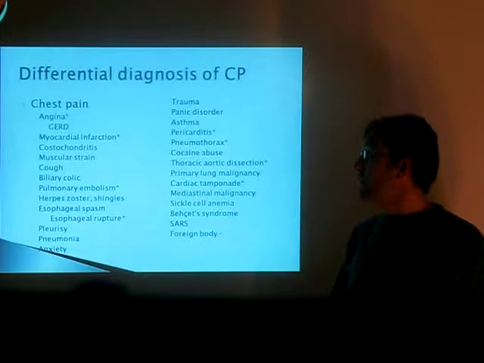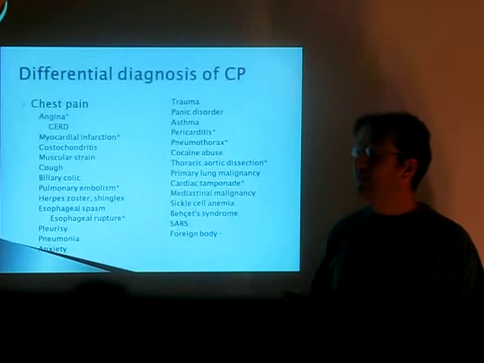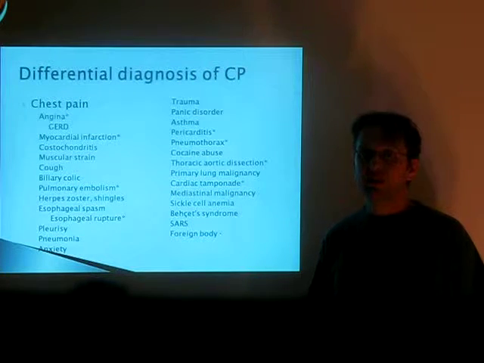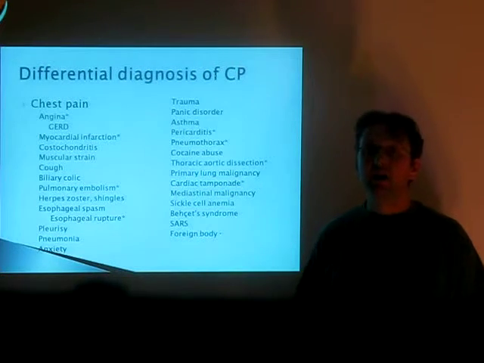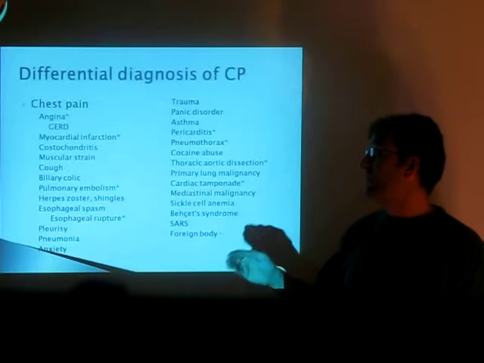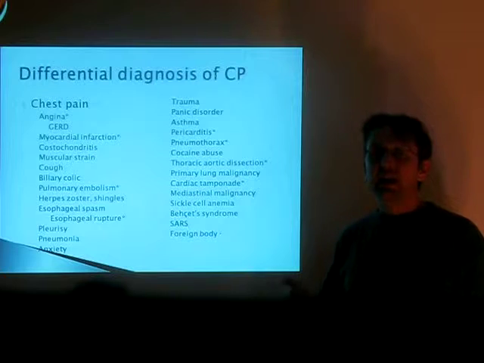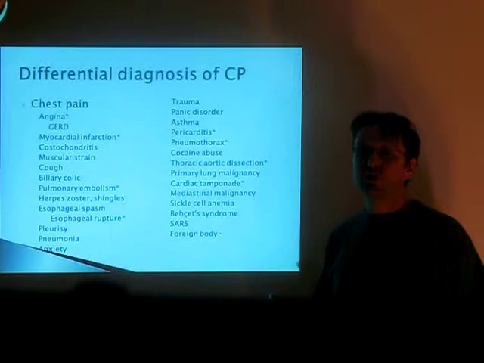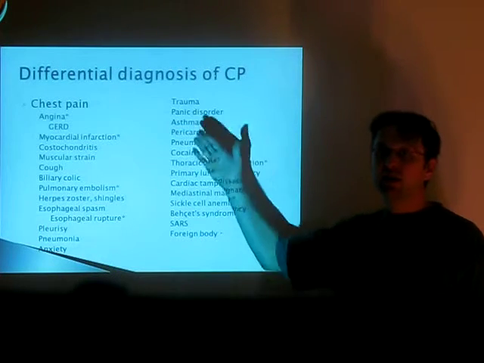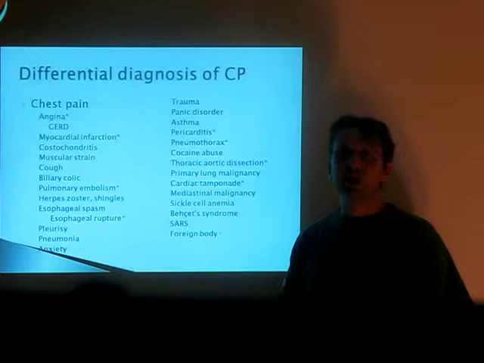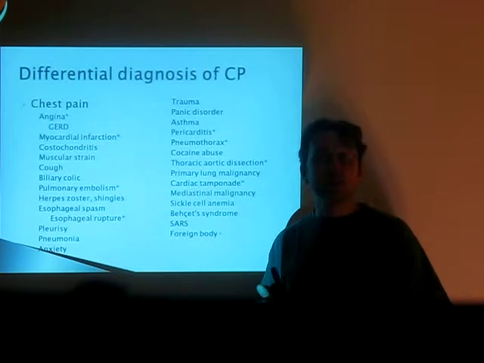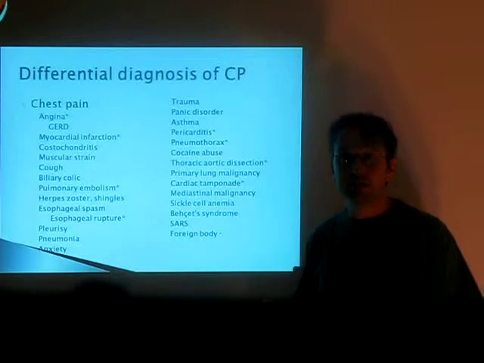And for many of these, we have no test in an ER, there may not even be a test, and no questions we can ask to say if the patient actually does or does not have these things. And you can imagine if an emergency room doctor actually thought about everything on this list and took steps to figure out which of these the patient had, that doctor would see about one patient per shift.